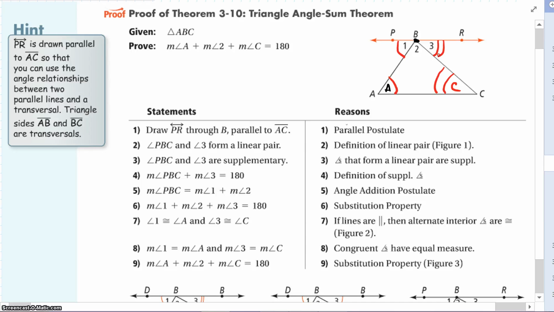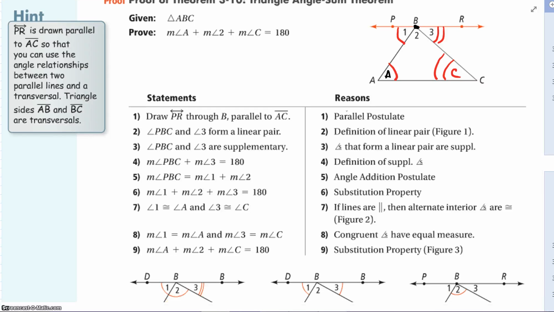Okay, so let's just go through our steps now. Draw a line PR through B that's parallel to AC. We can do that with our parallel postulate, knowing through any point there's exactly one line that is parallel through that point to another line. Okay, angle PBC and angle 3 form a linear pair. So we're talking about this angle.